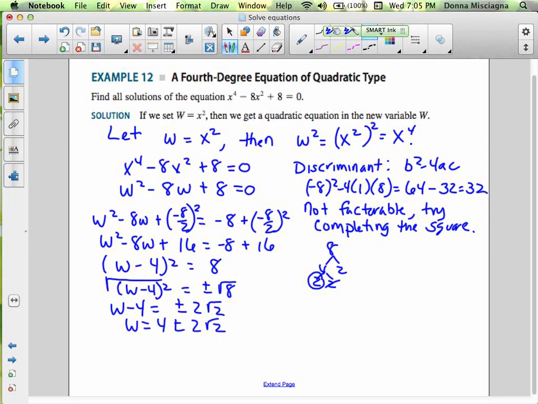And you might think, hey, we're done. But we're not done, because we didn't solve for x, we solved for w. So we have to substitute back. So I'll just put a little reminder there. Remember to substitute back.